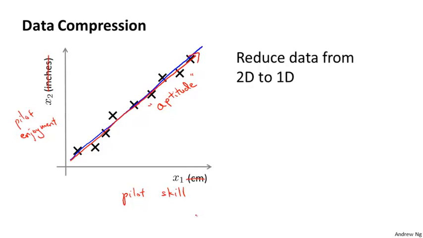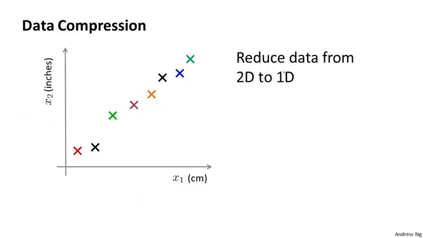So let me say a little bit more about what it really means to reduce the dimension of the data from two dimensions, that is from 2D, to one dimension, or to 1D. Let me color in these examples slightly different colors. And in this case, by reducing the dimension, what I mean is that I would like to find maybe this line, this direction on which most of the data seems to lie, and project all the data onto that line that I just drew.